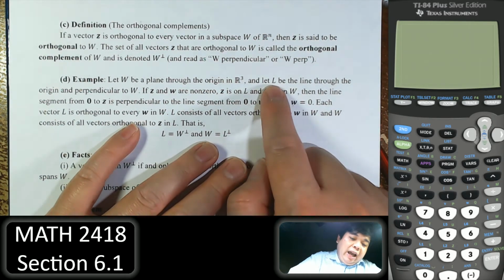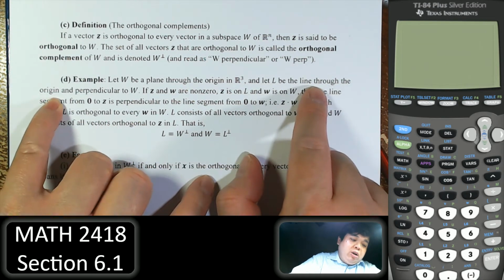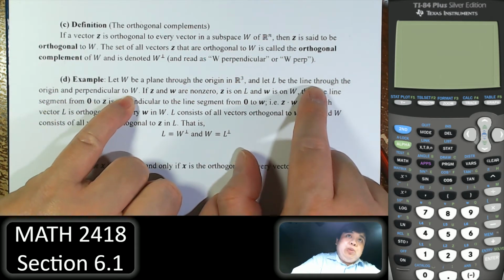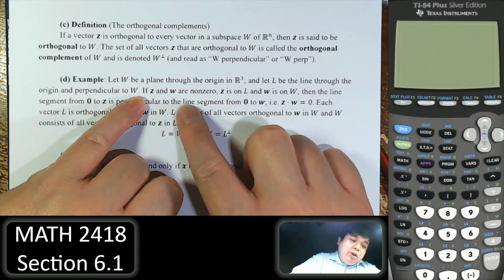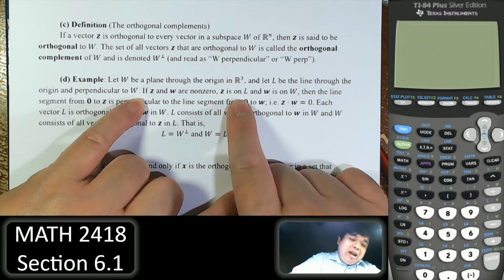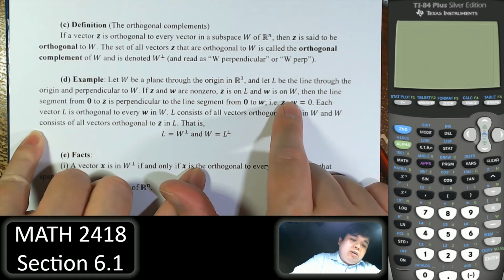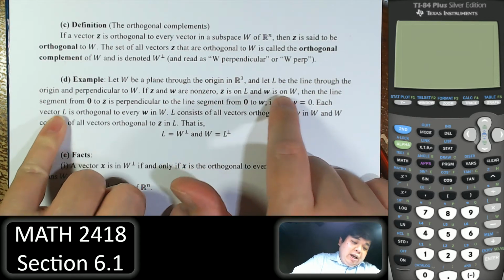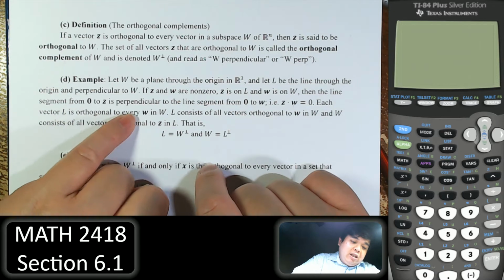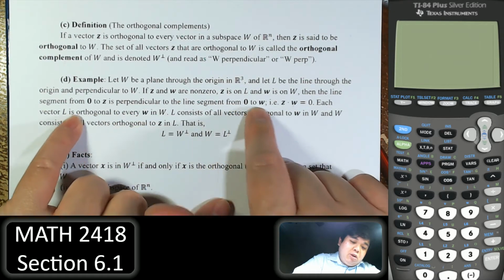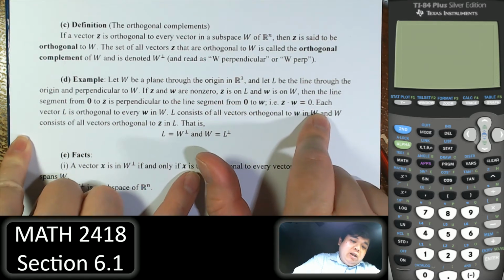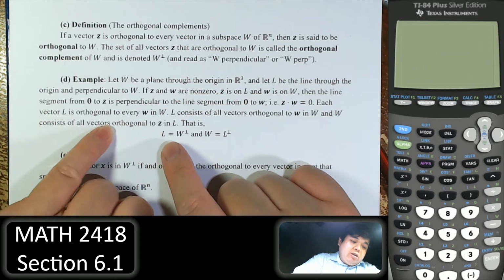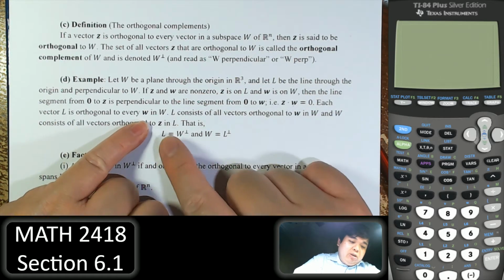And let L be a line through the origin and perpendicular to W. Then z and w are nonzero vectors, z is in L and w is a vector in the subspace W. Then the line segment from 0 to z is perpendicular to the line segment from 0 to w. And each vector in L is orthogonal to W.